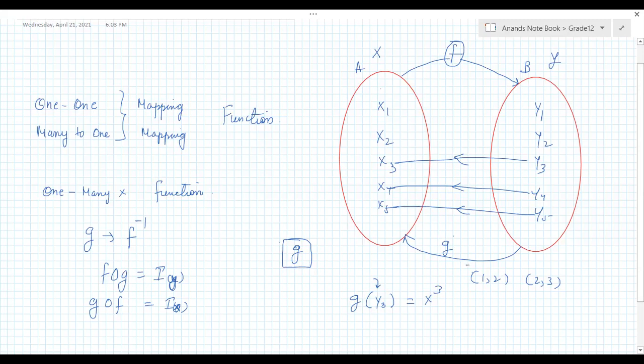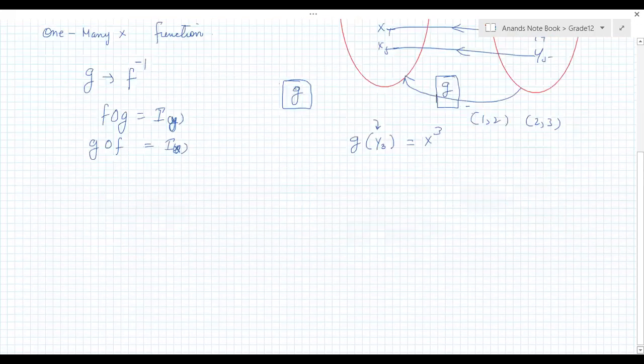So in trigonometry, we are looking at trigonometric functions. When we say y is equal to sine x, this is an example of a trigonometric function.